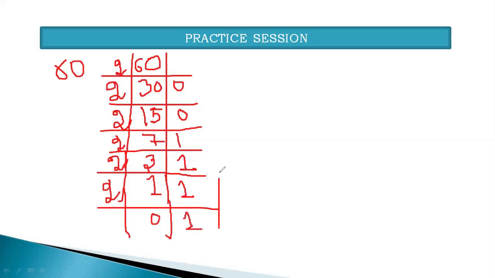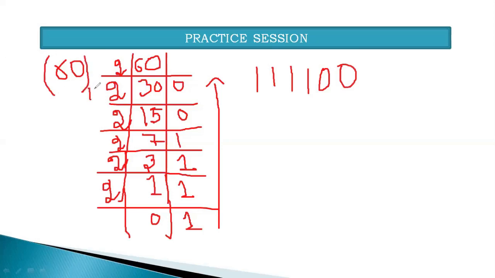So we are getting the answer from lower to upper, that is 1 1 1 1 0 0. So the 60, which was the decimal number, its equivalent is 111100 as the binary number, and we can write the format in the same way that I have written on the screen.